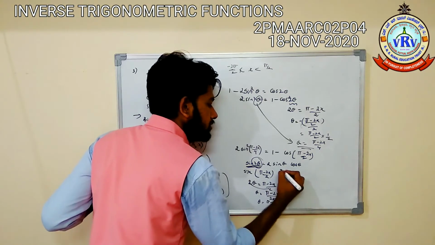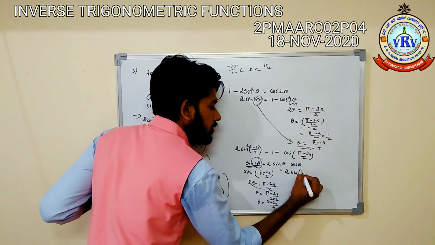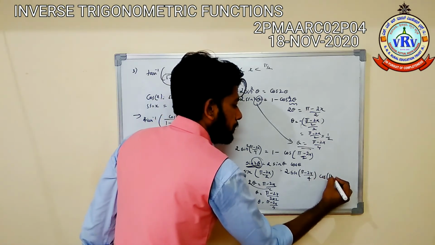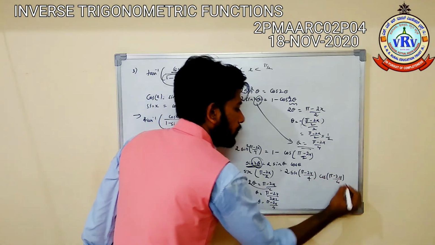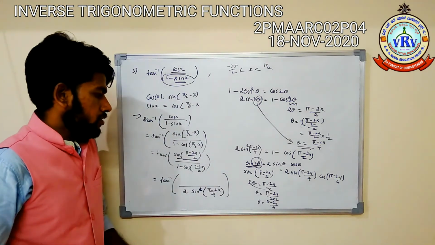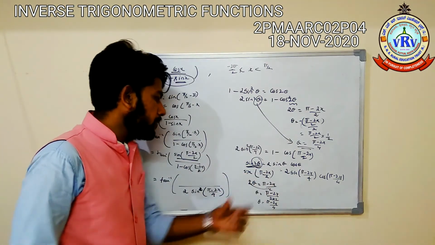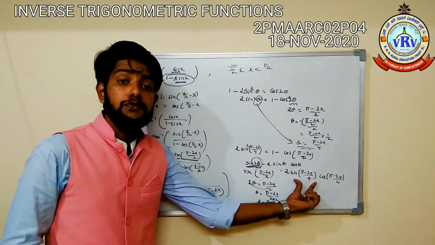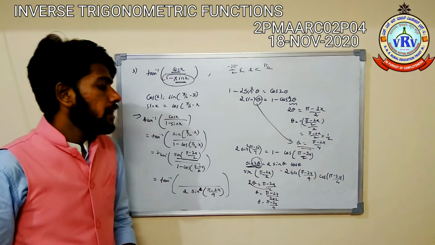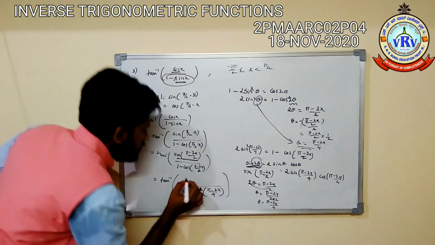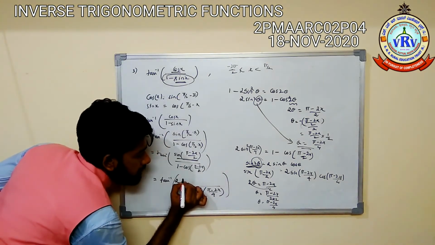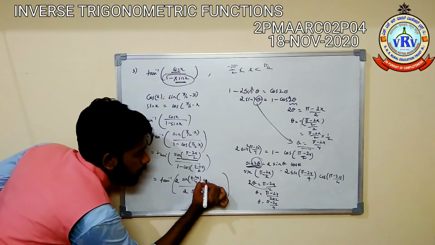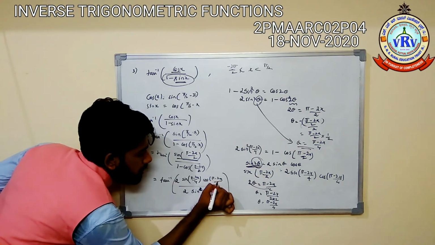So on the right hand side it becomes 2 into sine (pi minus 2x) by 4 into cos (pi minus 2x) by 4. Clear? So I can write sine (pi minus 2x) by 2 as 2 sine (pi minus 2x) by 4 into cos (pi minus 2x) by 4.